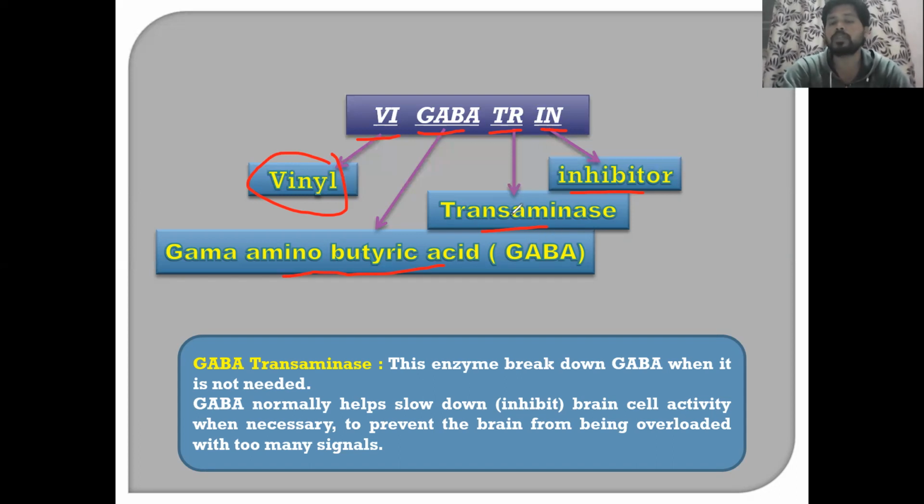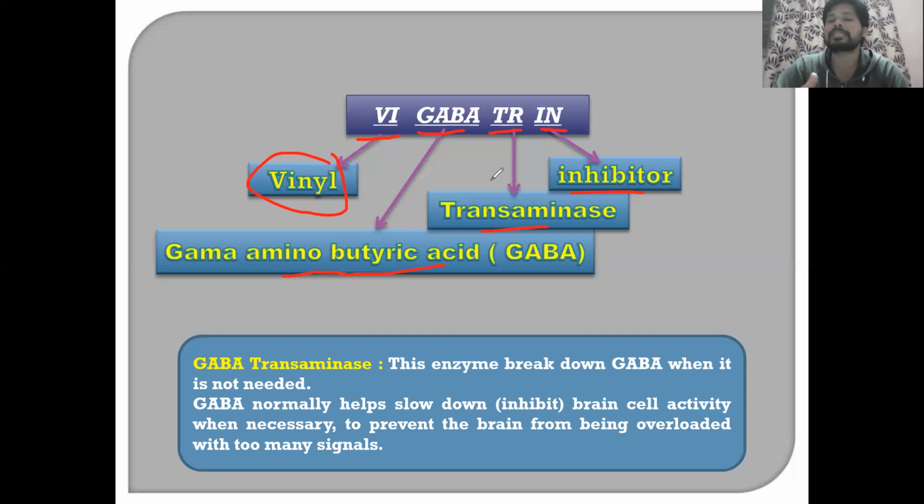So this is simply about Vigabatrin. Chemically it is vinyl GABA, gamma aminobutyric acid, TR means transaminase, and it inhibits the GABA transaminase. When the GABA transaminase enzyme is inhibited, there is no metabolism of GABA, which means more GABA is present at the synapse, at the postsynaptic neuron.